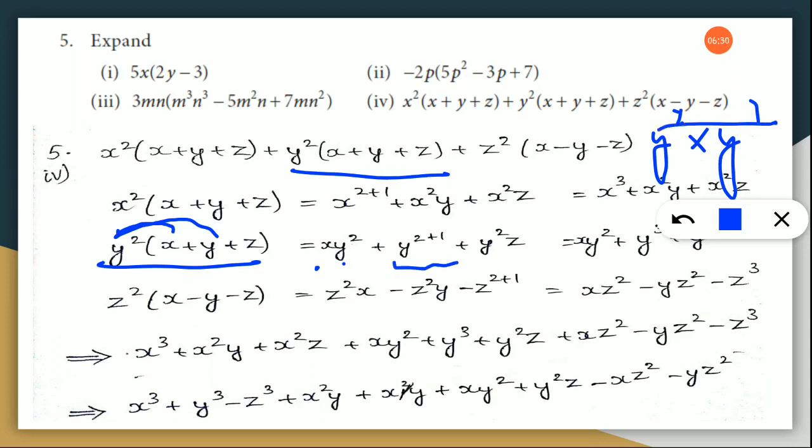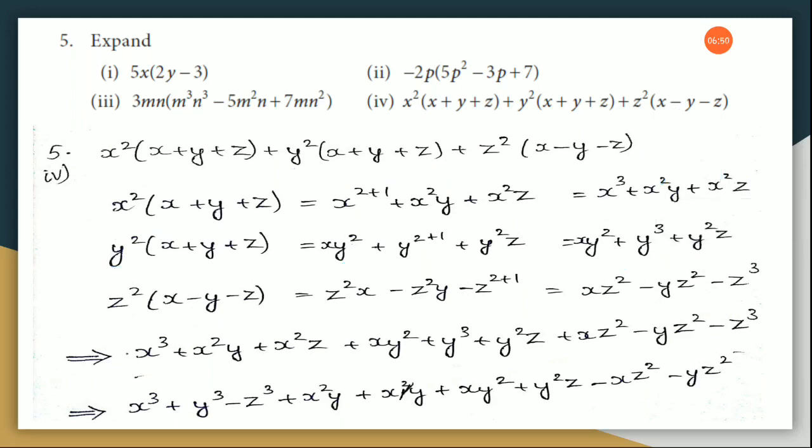Y power 2 plus 1. Okay. Next, y square into z will give us y square z. And then we are going to simplify this power term and write x y square plus y power 3 plus y square z. Okay. Now the next step.